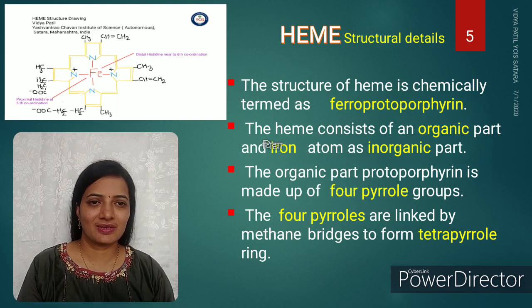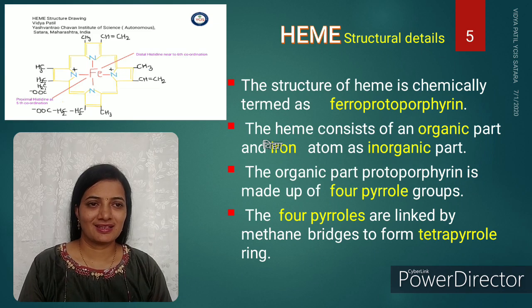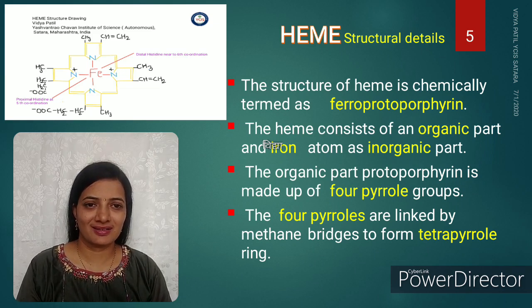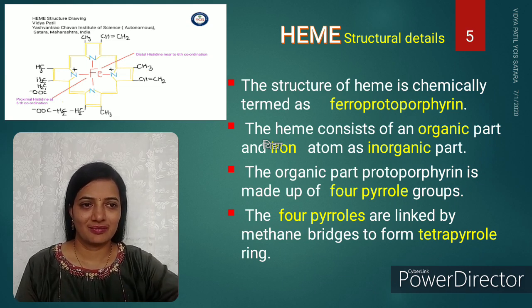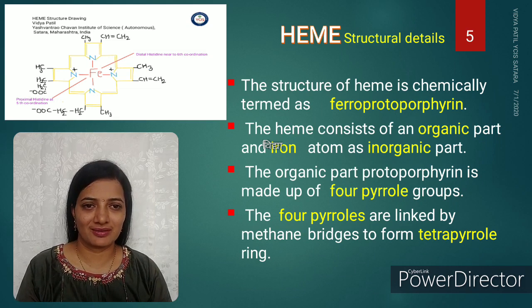The structure of heme is typically a ferroprotoporphyrin ring. The heme consists of an organic part and an inorganic part, which is iron. The organic part contains 4 pyrrole groups joined by methyl bridges, forming a tetrapyrrole.